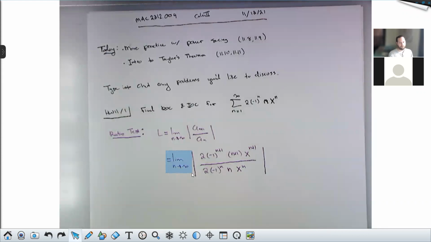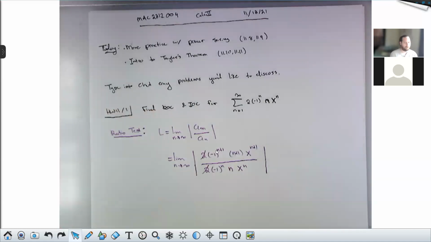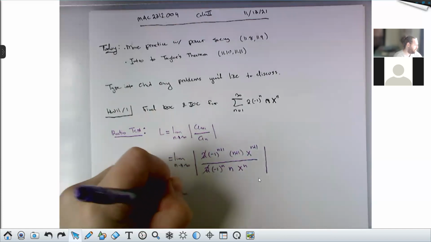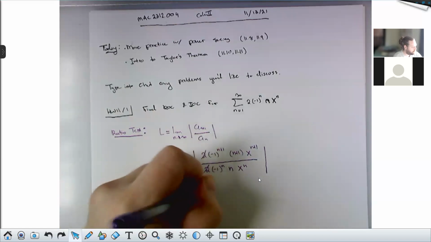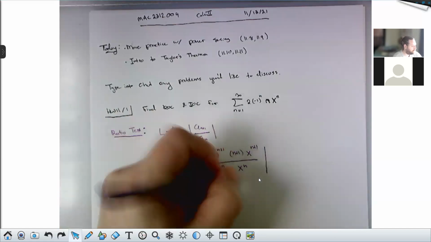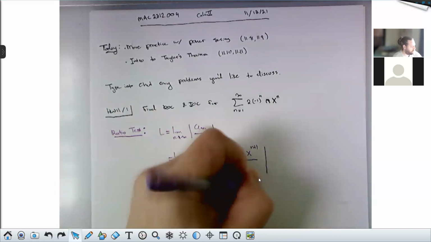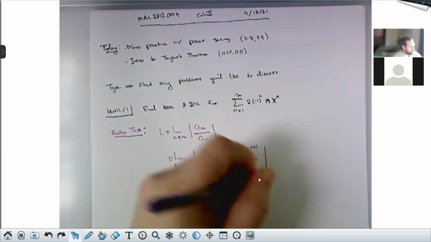And the trick to sorting out this limit is we can cancel the 2's. And then we put all the other pieces together, right? And kind of clean up as much as we can. So I get lim n to infinity, absolute value of negative 1 to the n plus 1 over negative 1 to the n times n plus 1 over n times x to the n plus 1 over x to the n.